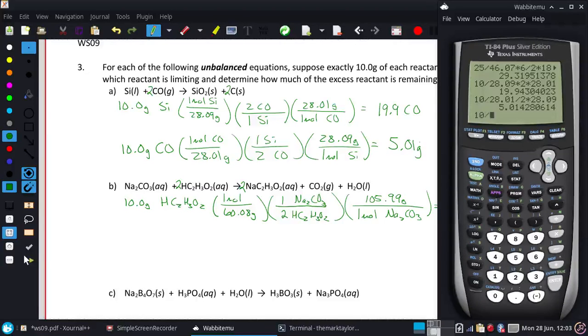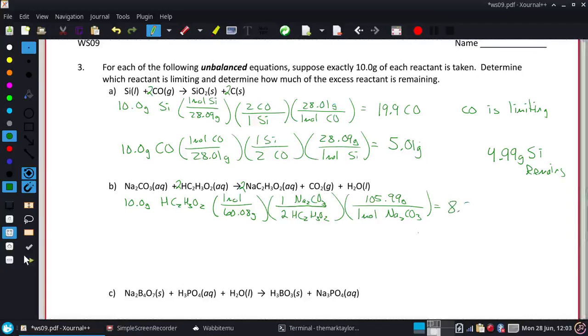So 10 divided by 60.08 times 1 divided by 2 times 105.99. All right, to use up all 10 grams, we would need 8.82 grams. All right, we have that.